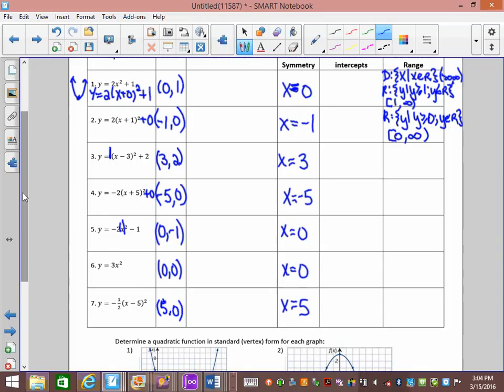So I'm going to say y is greater than or equal to 2, or y is less than or equal to 2. Is the graph all above 2 or below it? All above it. So we're going to say y such that y is greater than or equal to 2, y in the reals. And if it's greater than or equal to 2, I have a square bracket because it's equal to 2, all the way to positive infinity.